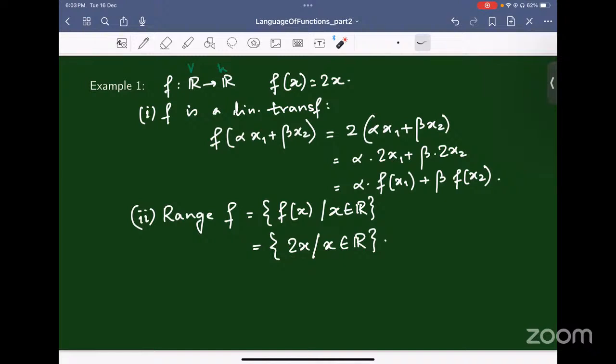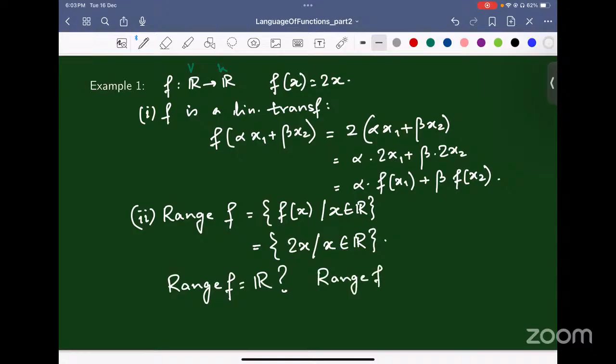So maybe I'm thinking, is it possible that the range of f is equal to all of R? How do I check this? It is clear to me that the range of f is contained in R. All I need to check is whether the reverse is true. Does every real number fall in the range of f?